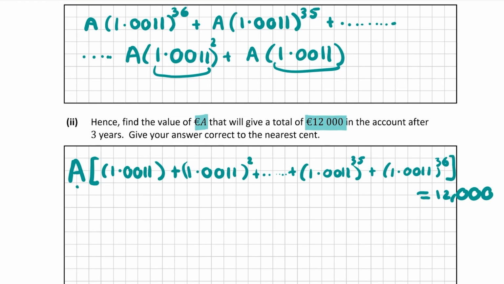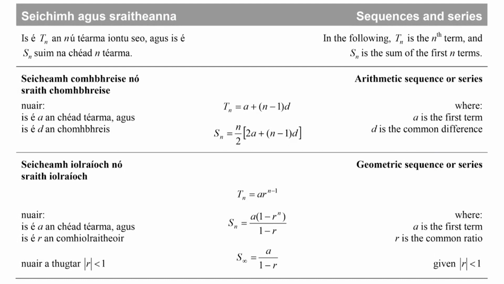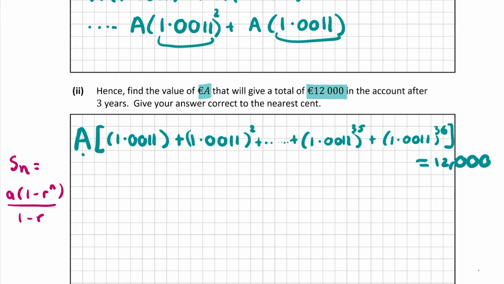Now, we could sit here all day and add up all of these numbers in the sequence, or we could use the formula for the geometric series, and this is in our log tables. So this is the formula in question. S of n, so the sum of n terms, is equal to a by 1 minus r to the power of n over 1 minus r. So in this question, a is the first term of the series, so that's 1.0011. r is the common ratio between all the terms in the series.